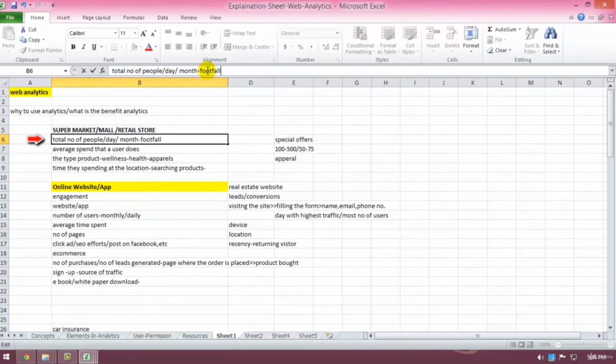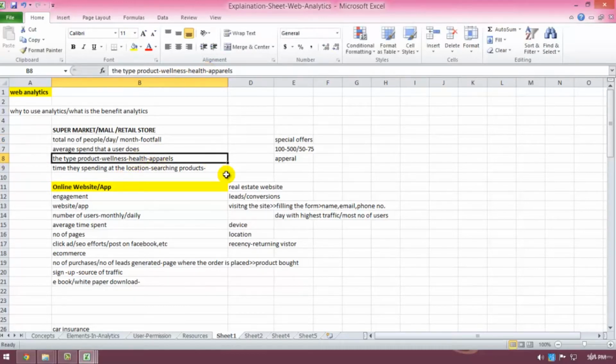Apart from that, you would also need to know the average spend a user does on a regular basis. Maybe a few people are spending 100 to 500 rupees, or the average spend is in the range of 1000 to 2000 rupees, for example. As an operational manager, you would really like to know that kind of information.